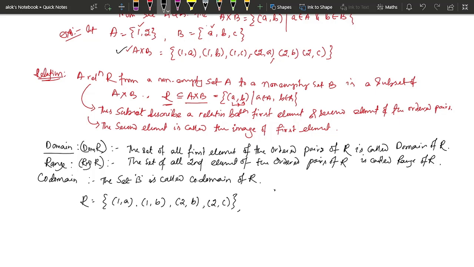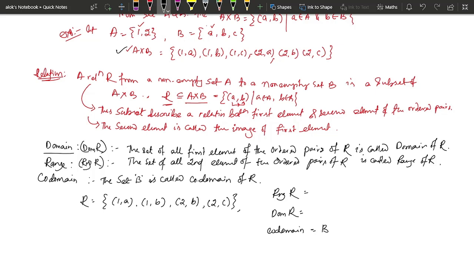So what is the range of R? What is the domain of R? And what is the codomain? The codomain is the set B, the whole set B.